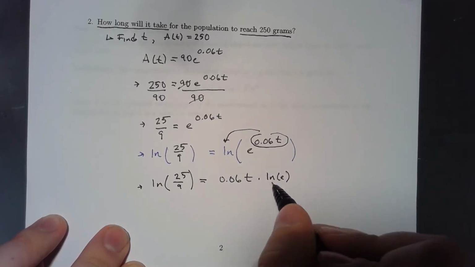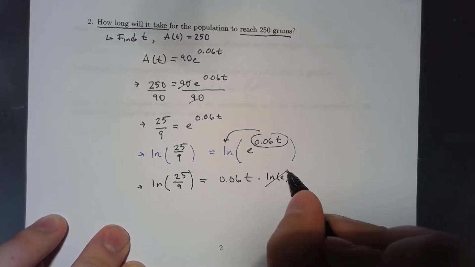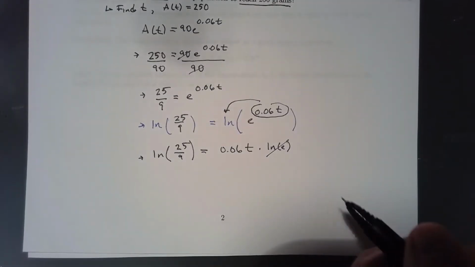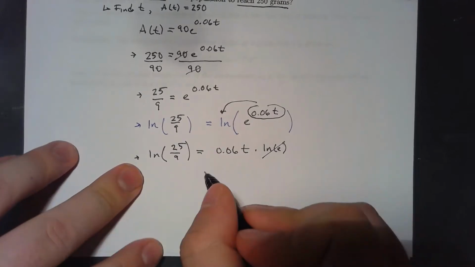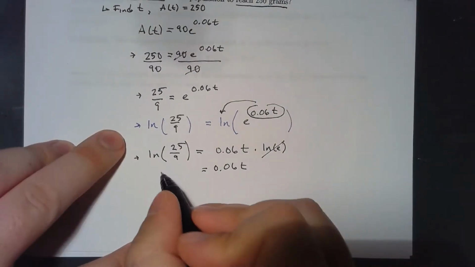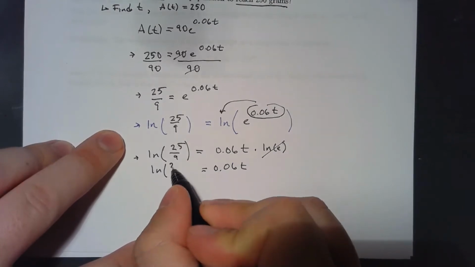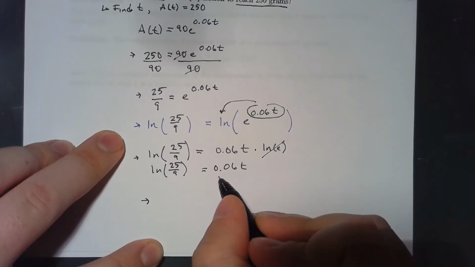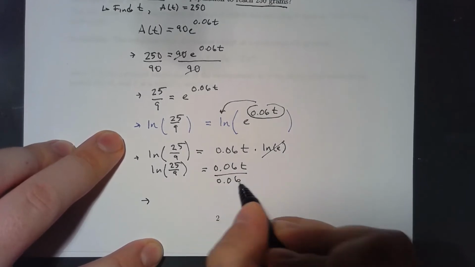Well, ln and e are inverses of each other, so they cancel out, which is really nice. So I'm left with 0.06 times t equaling ln of 25 over 9. And to solve this for t, you just divide both sides by 0.06.